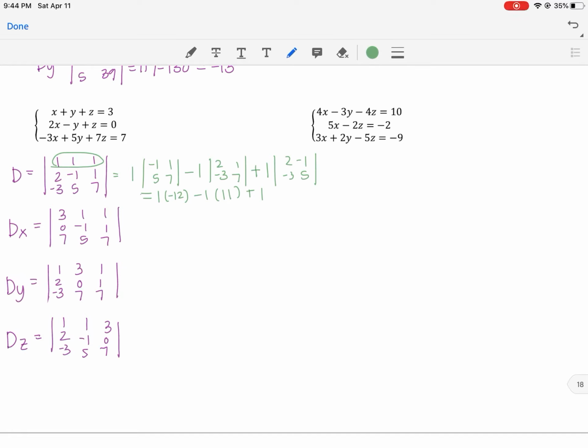Okay, plus 1. And then I'm going to do 2 times 5 is 10, plus minus 3 is going to be 7. So you should get negative 12 minus 11 plus 7 should give you negative 16.